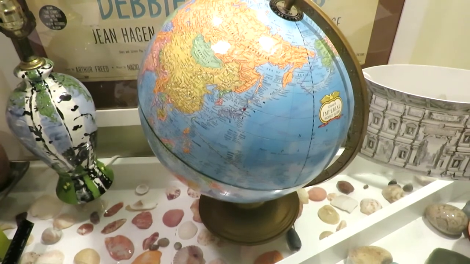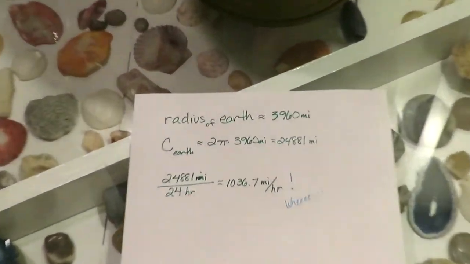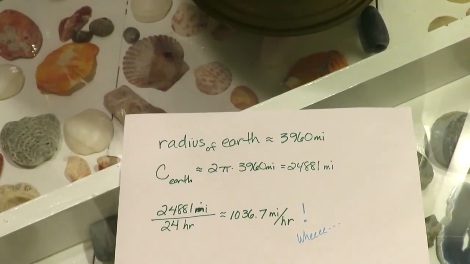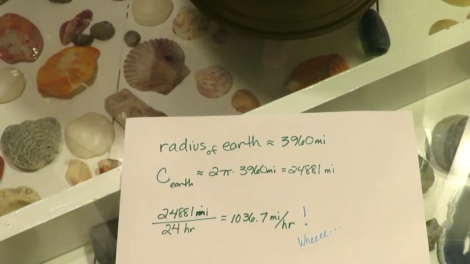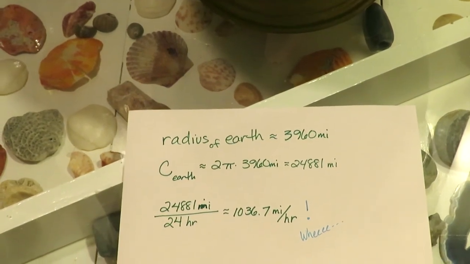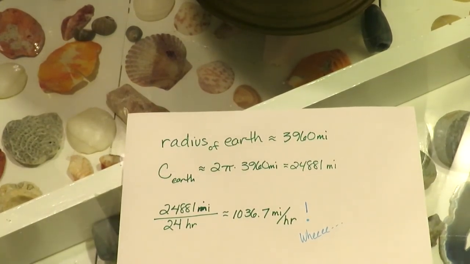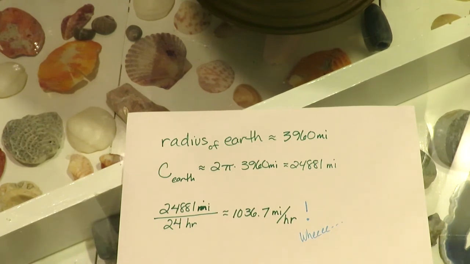So putting all of that information together, if we are on the equator and we have a radius of approximately 3,960 miles, giving us a circumference of approximately 24,881 miles, we're spinning once per 24 hours, so we're going around 24,881 miles per 24 hours.